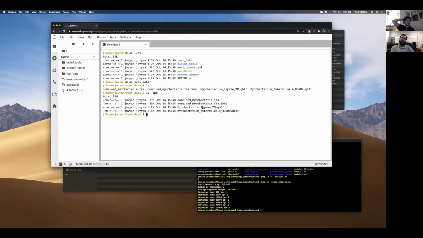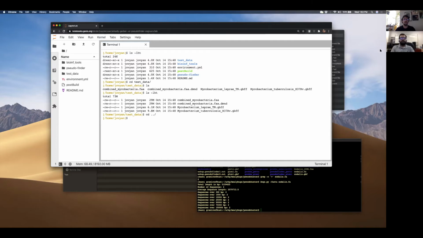My going hypothesis was that it's because it's not an intracellular pathogen, but I'm actually not sure right now whether tuberculosis is an intracellular or extracellular pathogen. But for the purposes of this demonstration, we're going to assume that this is intracellular and this is a good reference genome. This is actually the most closely related genome to leprae, and we're going to use that as a reference to look at the selection.